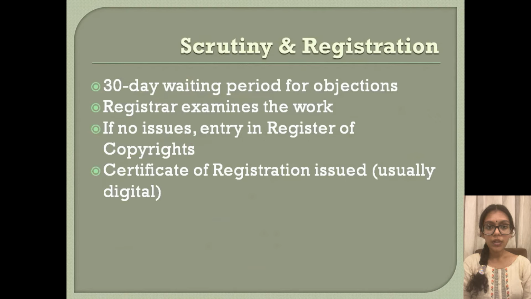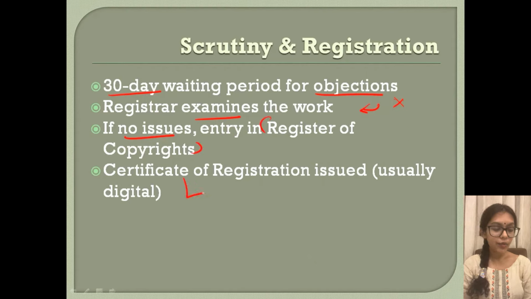Now once you send the hard copy to the Copyright Office, there is usually a 30-day waiting period in case any objection arises. And in case there are no objections, then the registrar examines your work, and if they are satisfied, then your work is entered into the register of copyrights.